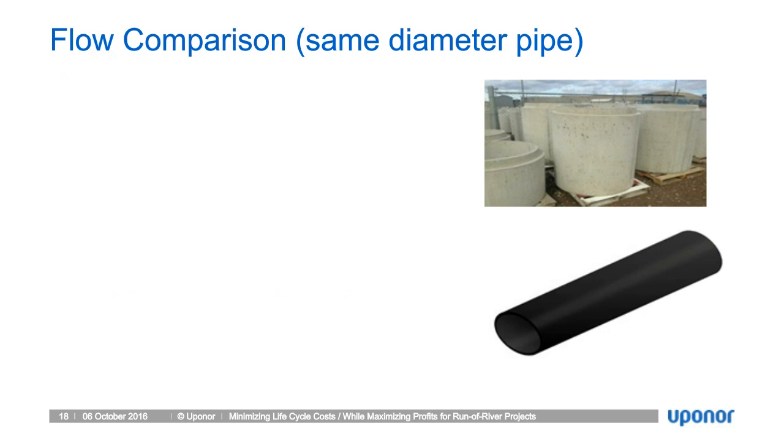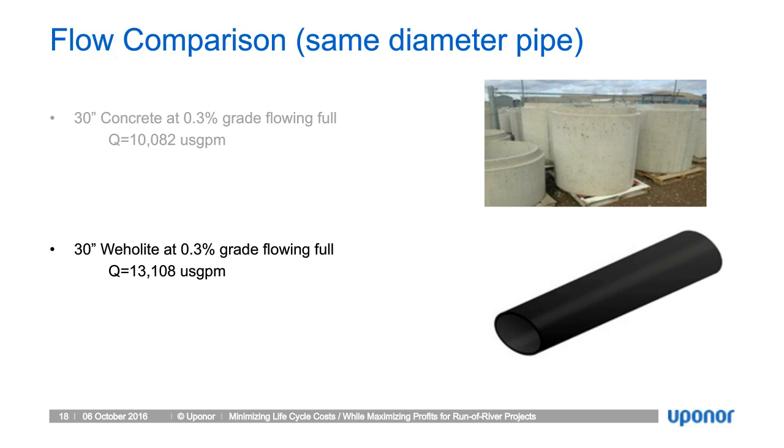Here is a quick contrast between flow comparisons using pipes of the same diameter for reference. If we look at a 30-inch concrete pipe at about a 3.3% grade, your flow rate would be about 10,000 US GPM. For that same size pipe in Weholite, because of the Manning numbers, if we calculate it out, you see an increase of 3,000 US GPM.